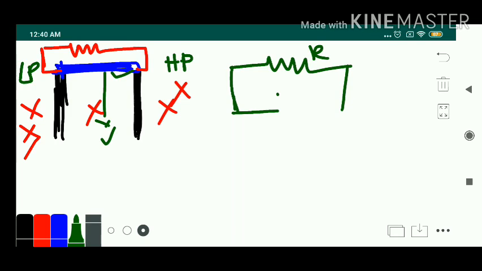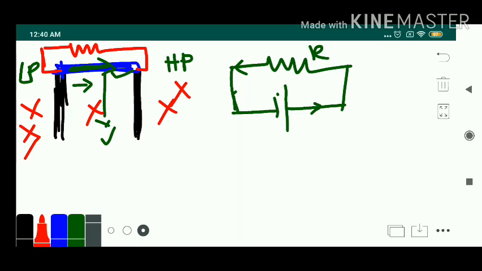So the L vector will be in this direction. I'm going to take this first because I have repeatedly taken it in this way, guys. High potential means this is the positive terminal, this is the negative terminal.